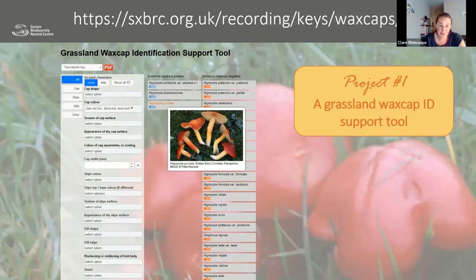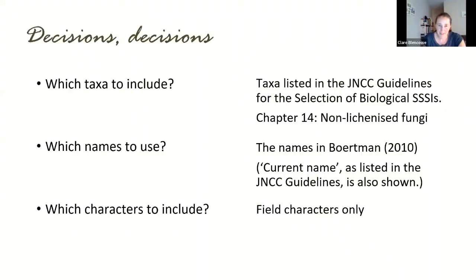It was a real deep dive into the variability of waxcaps and their features, and also some quite tricky decisions for me as a relative amateur to tackle. So I had to make decisions about which taxa to include and which names to use.